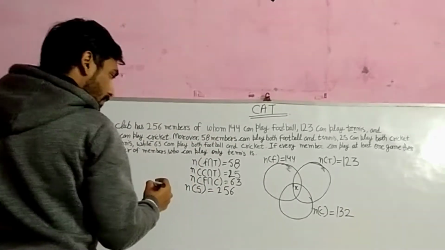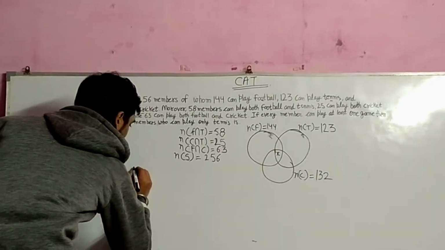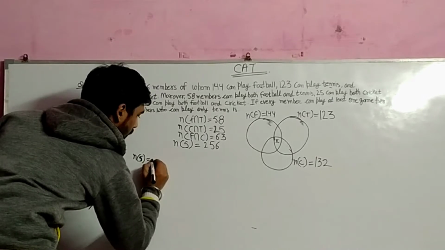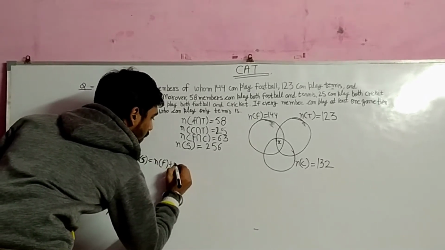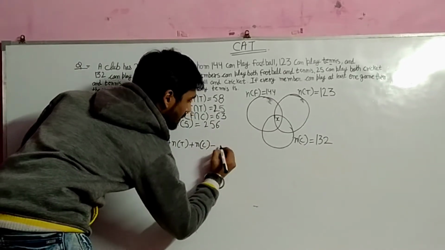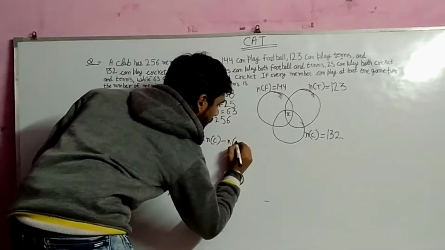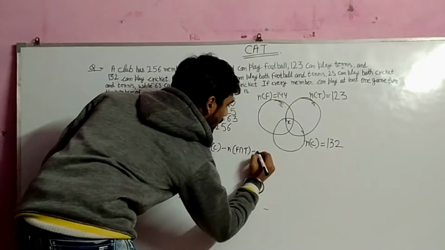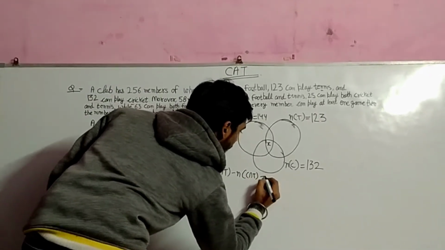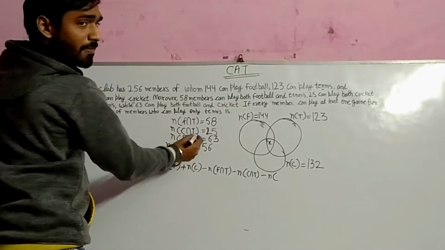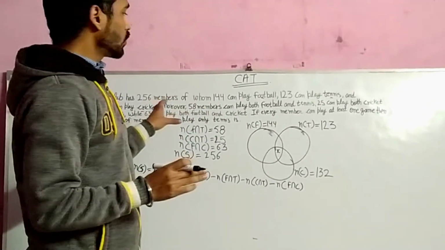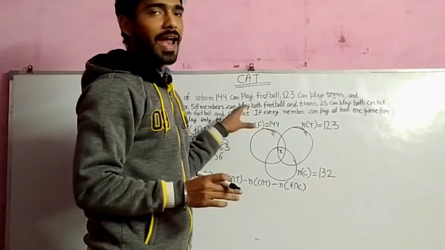Now the formula: n(S) equals n(F) plus n(T) plus n(C), minus n(F intersection T), minus n(C intersection T), minus n(F intersection C), plus X, which includes all the members who play all three games, football, cricket and tennis.